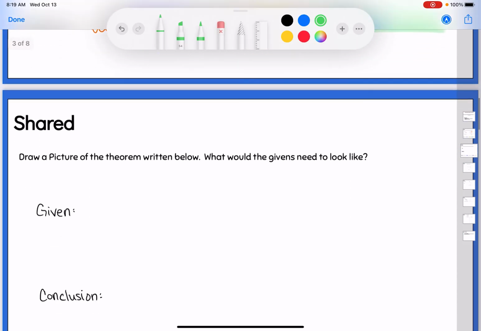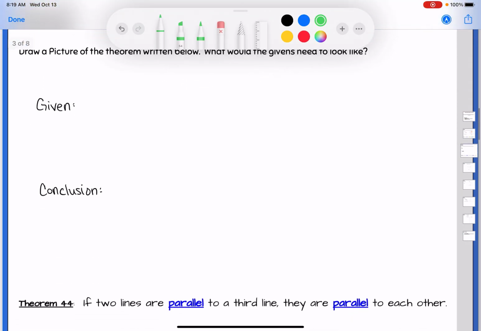All right, let's do that same process on a new one. This one says, if two lines are parallel to a third line, then they are parallel to each other. So what are we going to start with?